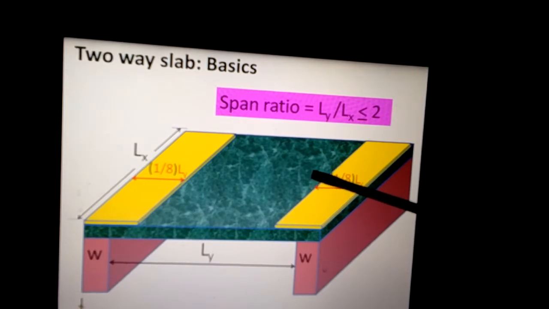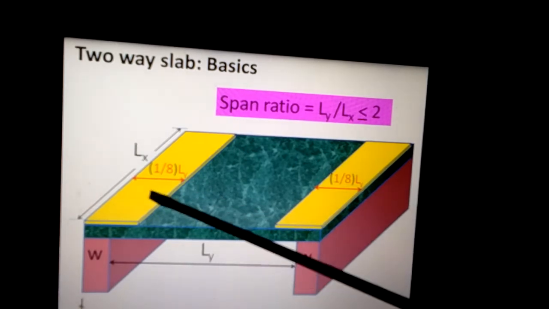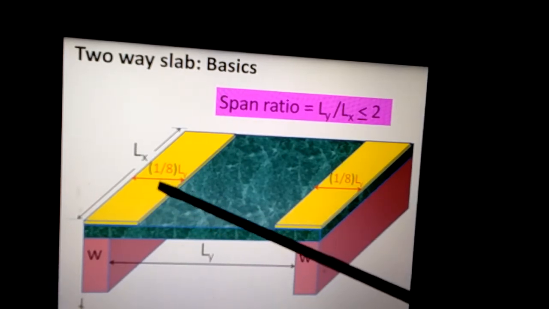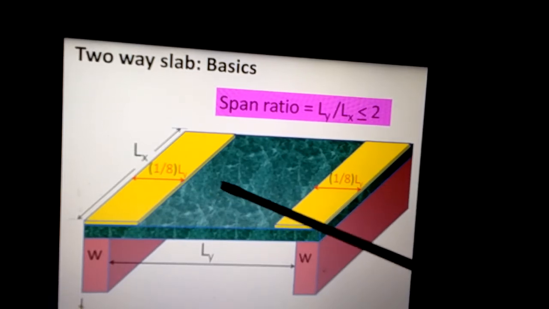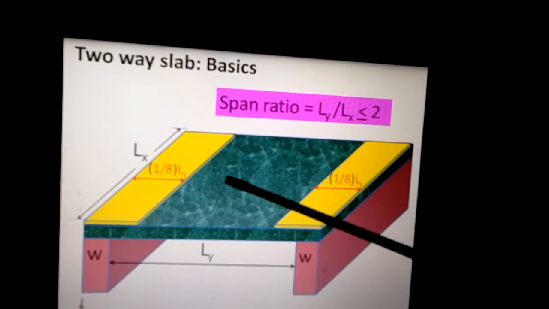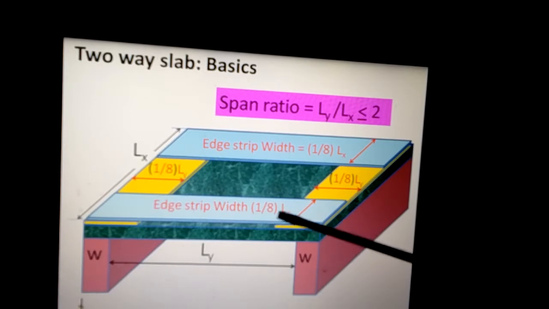But in two-way slab, there are development of strips along the edges of the slab. So along Ly, the strip on the left side is Ly by 8 and the strip on the right side is Ly by 8. But the central length between these two strips is 0.75 Ly. Similarly, along Lx, the short span, the edge strips width is 1 by 8 Lx and again 1 by 8 Lx.